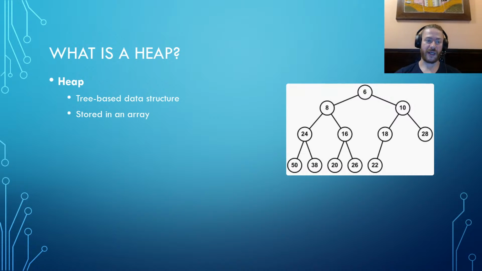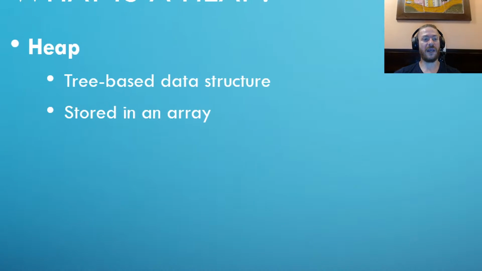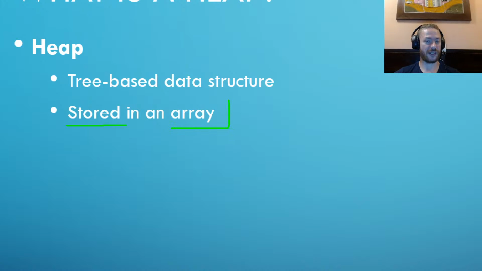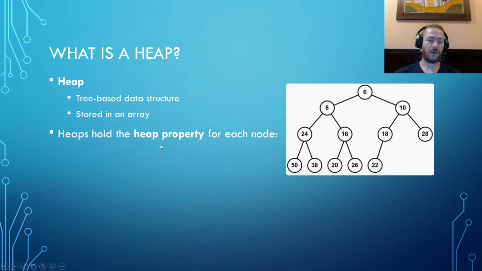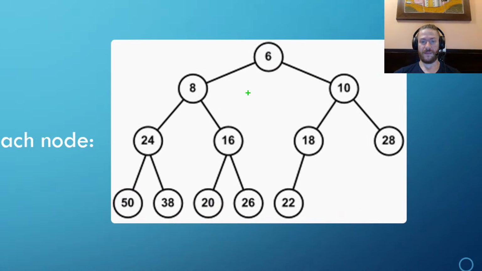What's a heap? A heap is, again, a tree-based data structure which can be efficiently stored in an array. We are going to see in a minute how. So the heap has the following heap property for each node. It's a binary tree.